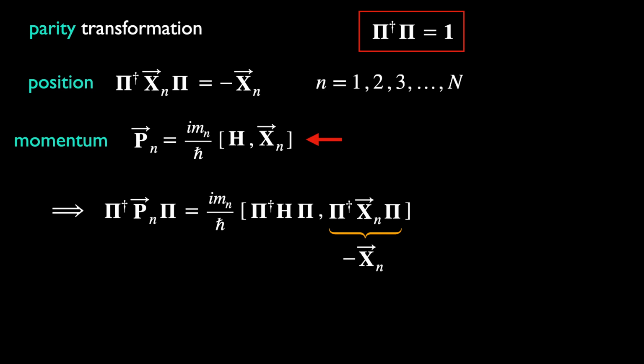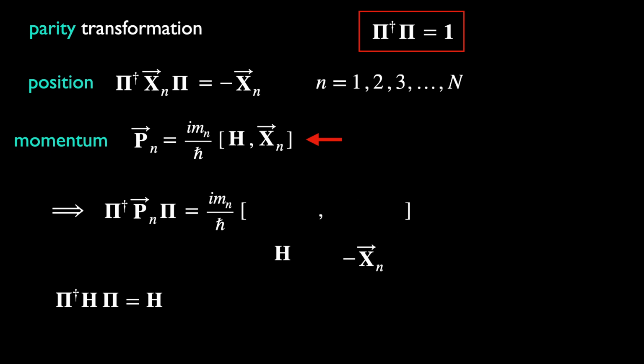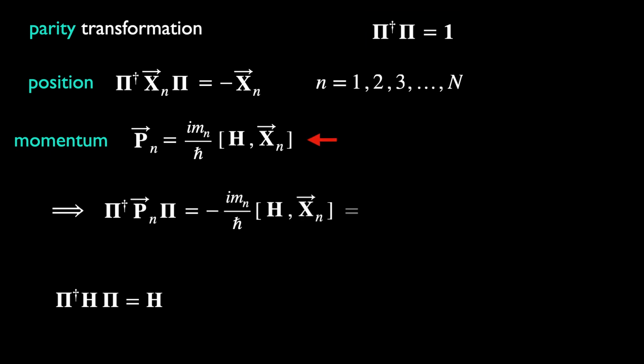If we assume that the dynamics of the system is symmetric under parity, this means the Hamiltonian is invariant under this transformation. Thus we see, like position, the momentum operator is flipped by parity.